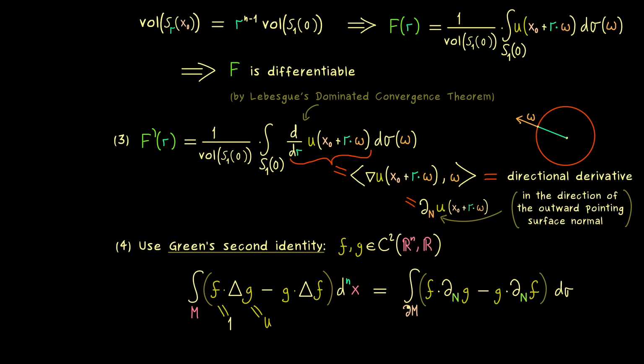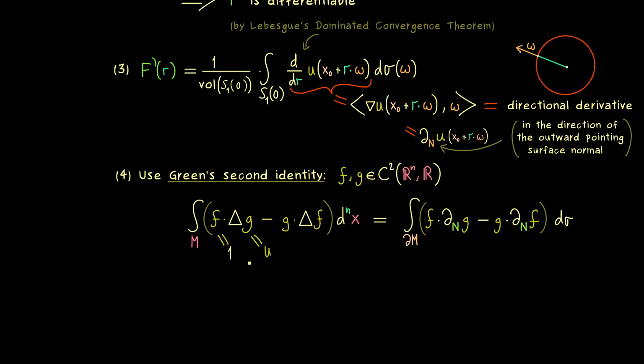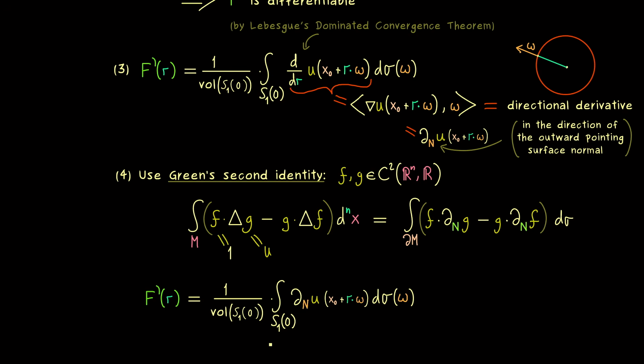Okay, so to reach the goal, let's put everything together. So first we know that our f prime is given by the normal derivative of u. We integrate over the unit sphere, but you see we evaluate this normal derivative at the point of our bigger sphere. In other words, we can just do the same substitution as before, just backwards.